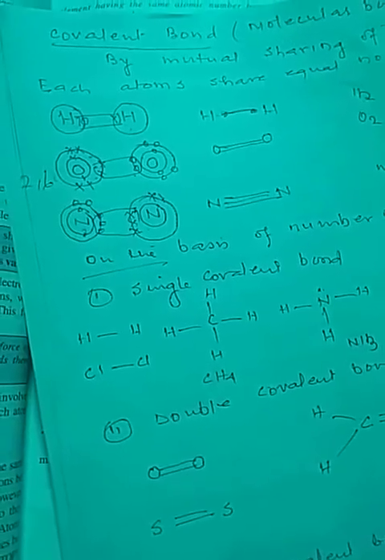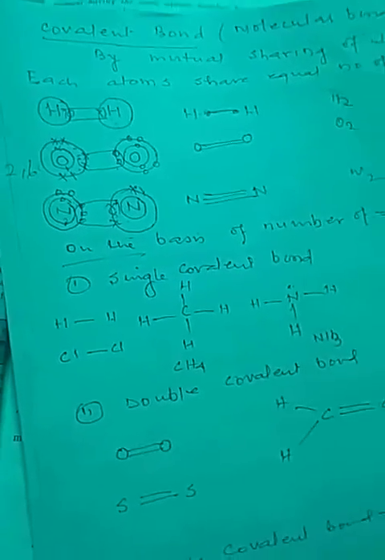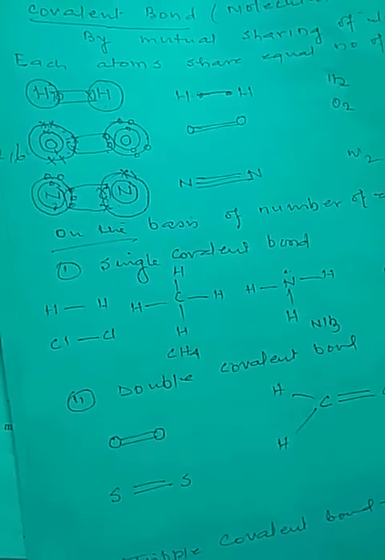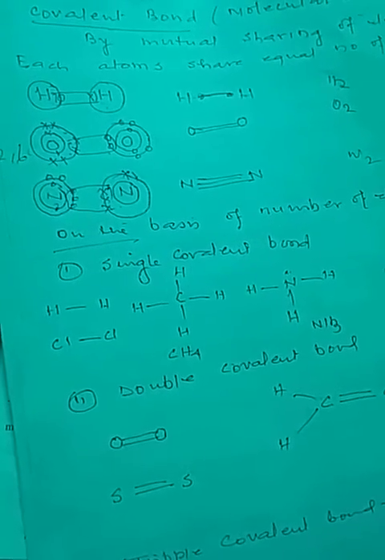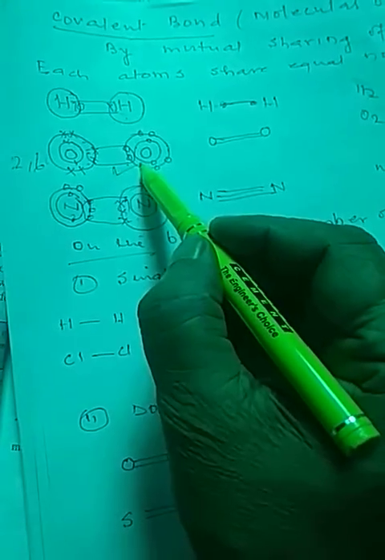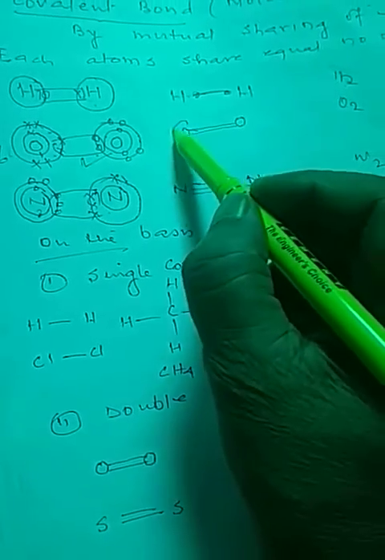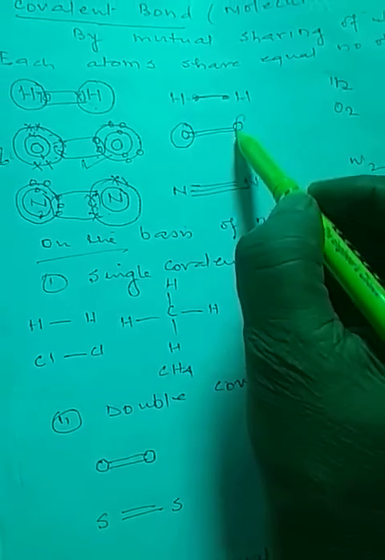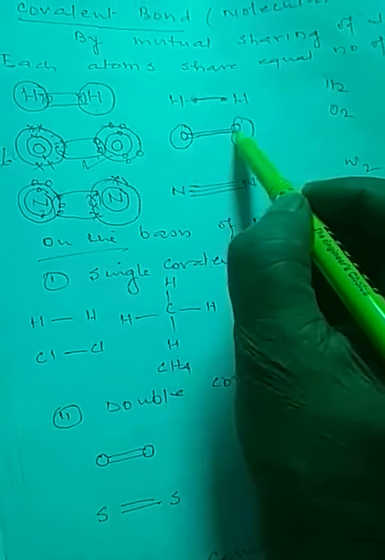Both oxygen atoms need 2 electrons to complete their octet. So both oxygen atoms share 2 electrons each and complete their octet. We show the orbital diagram like this, or we can show it like this, with 2 lines.